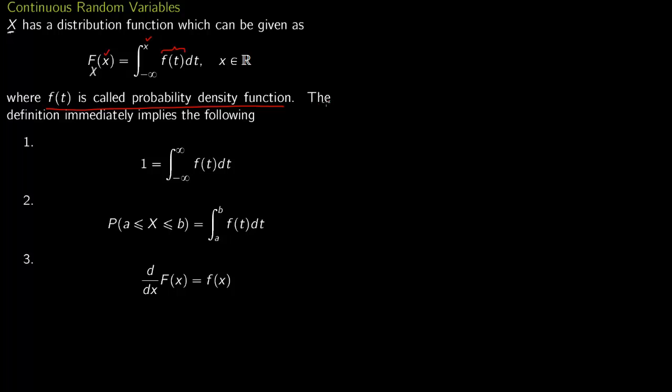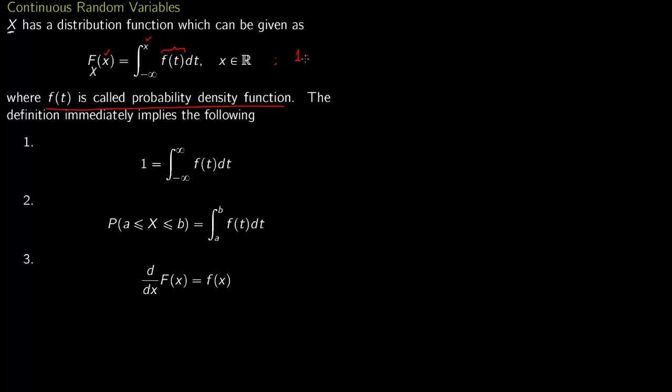Now this definition immediately implies, first, that the integral from minus infinity to plus infinity of this probability density function gives you 1. This you can easily see from the fact that we will rewrite this.